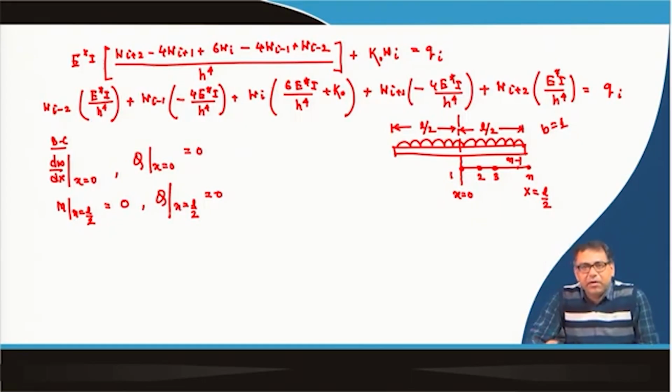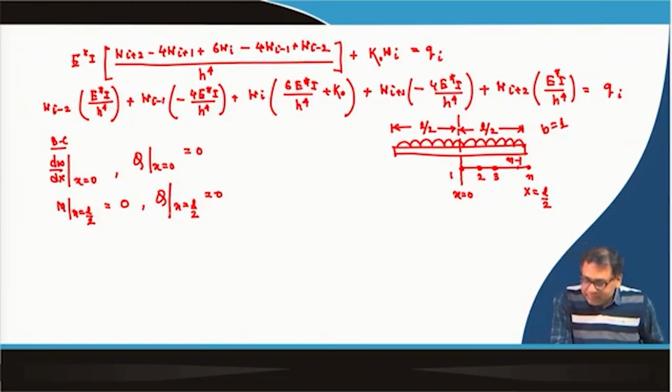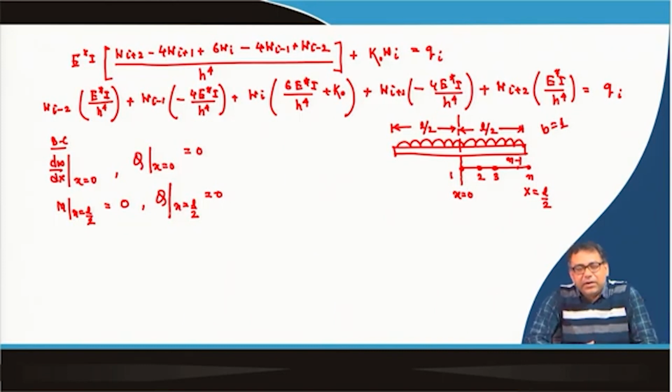Similarly, for a hinged beam or a fixed end beam, you have to apply the boundary conditions I discussed during the semi-infinite beam. But here it is a free end beam, so at x equal to L by 2, the bending moment is 0 and the shear force is also 0. In the next class I will discuss how I can apply these boundary conditions to solve this particular problem.